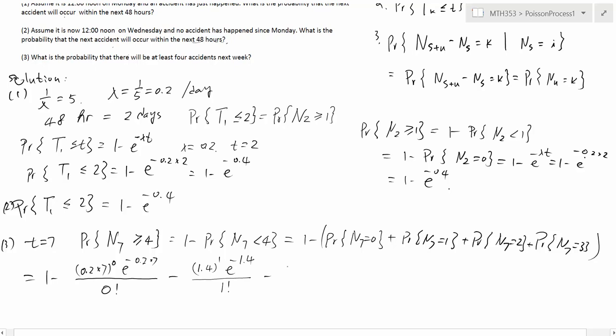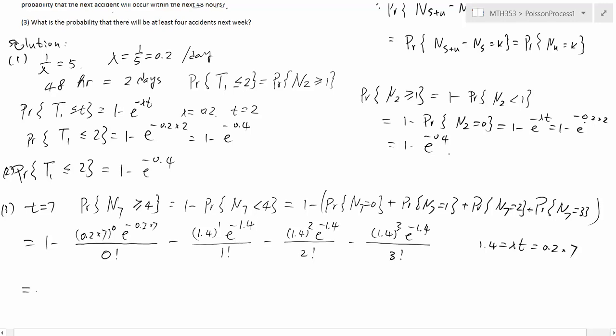Then the next one is 1.4 squared and e to the negative 1.4 over 2 factorial, and then subtract 1.4 cubed and e to the negative 1.4 divided by 3 factorial. We get 1.4 because that's lambda t, lambda is 0.2 with no change, and t is 7.